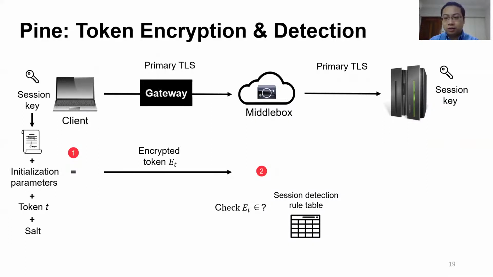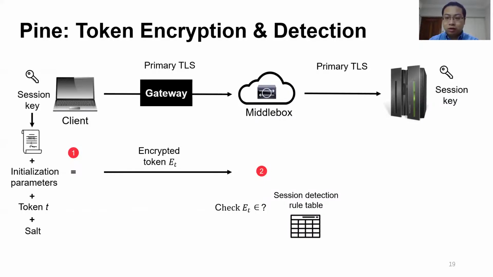For each token T, a client runs the token encryption algorithm as shown in these slides. In particular, the token encryption algorithm takes a secret derived from the session key and the initialization parameters, the token, and a salt. The salt here is used to prevent the frequency attack on the payload.